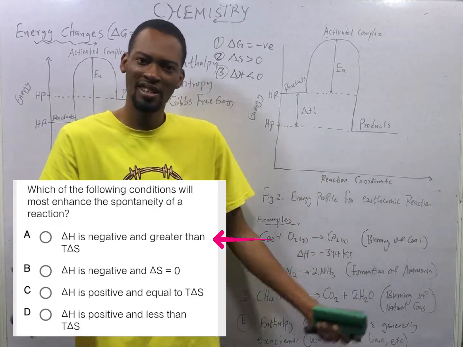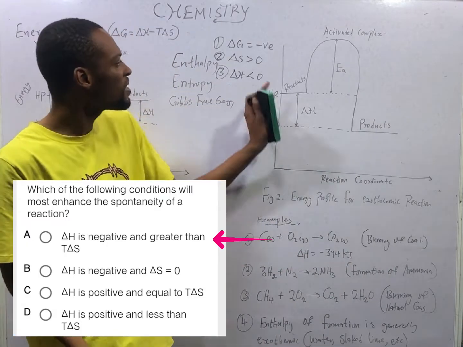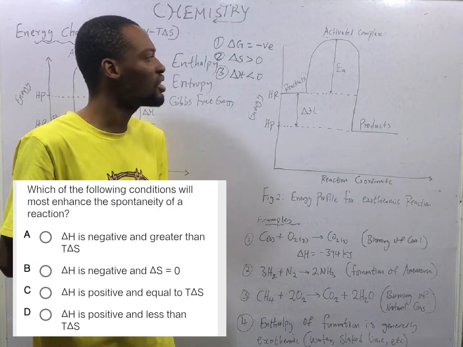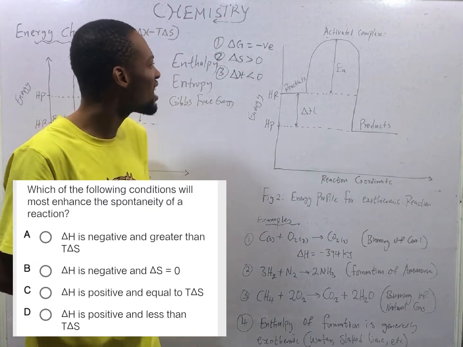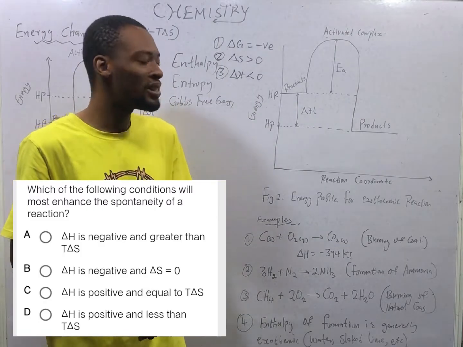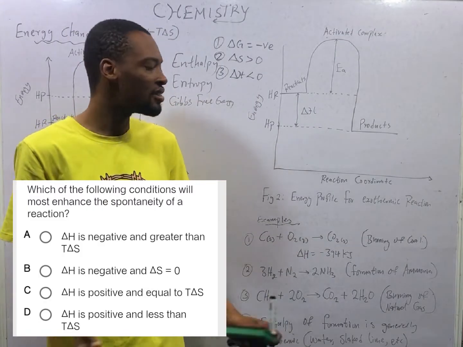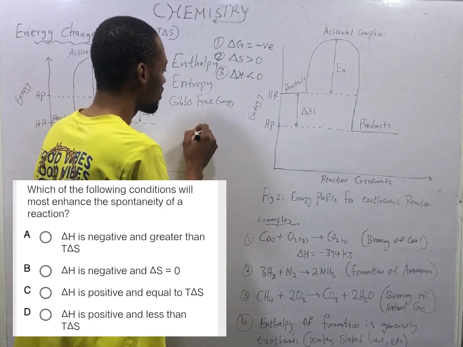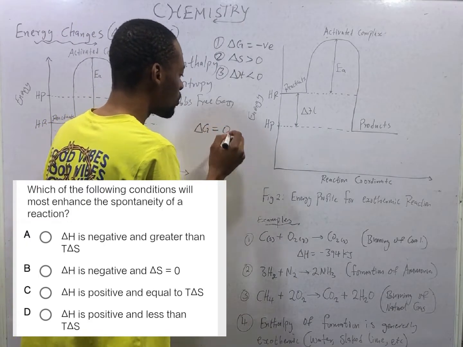Lesser than 0 simply means negative. So these are the three conditions for spontaneous reaction. Delta G must be negative, delta S must be greater than 0, delta H must be lesser than 0, that means negative.